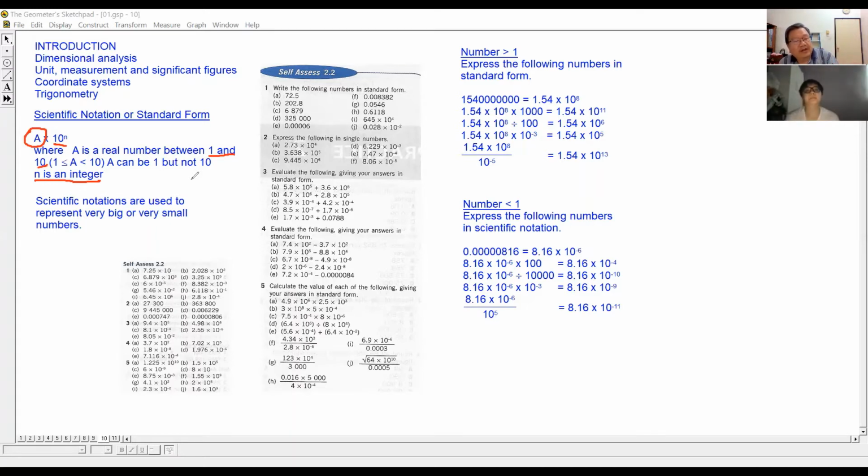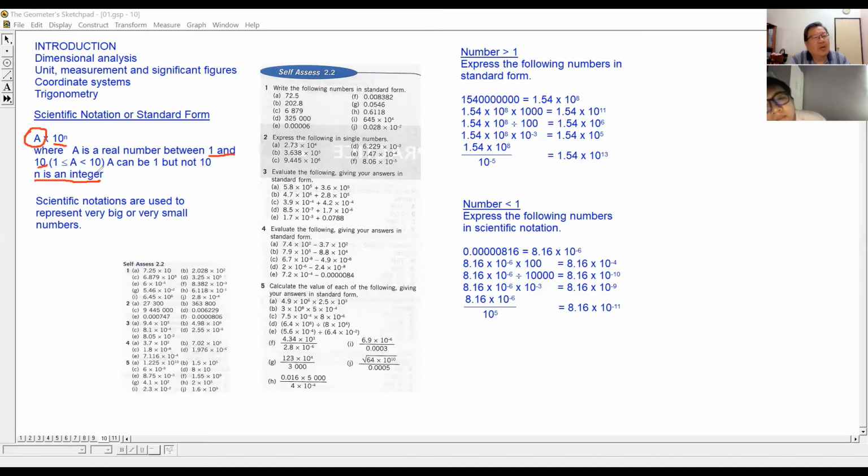So actually what we want is 1 digit in front of the decimal place. That's why they lay down this condition: they want the number in front to be of 1 digit only. They don't want 2 digits in front. So that's why 10 cannot be used.